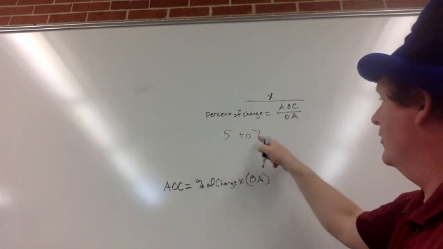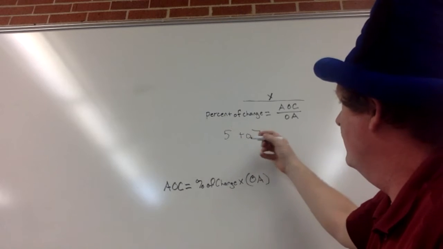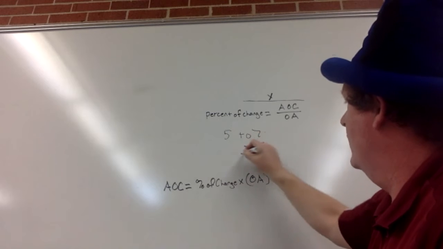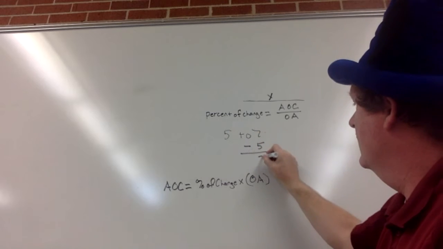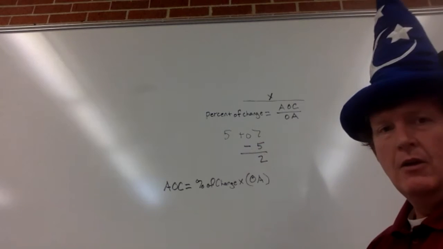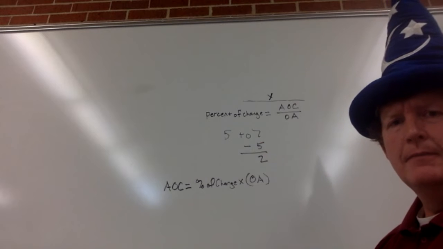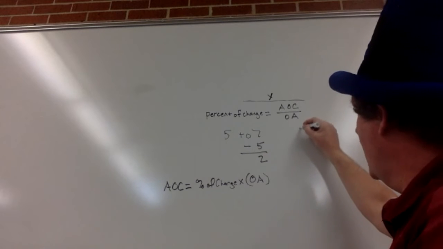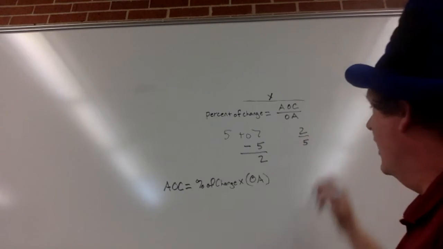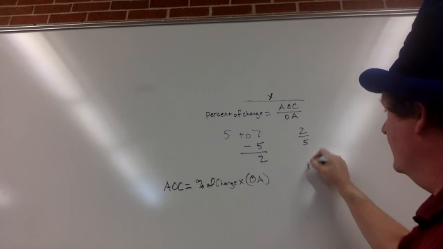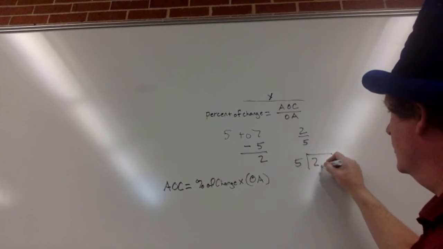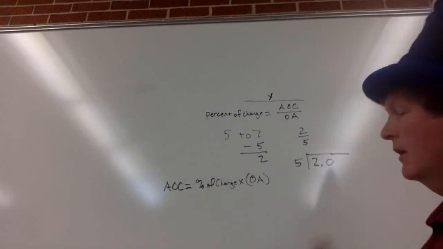Subtract the smaller number from the larger number. Take 5 away from 7, and we get 2. Where does that 2 go? 2 over 5. Correct. Good. All right. Now we do our division. This one's going to be an easy one.